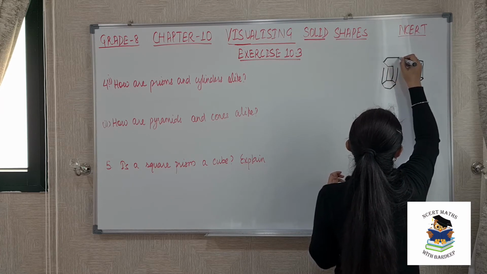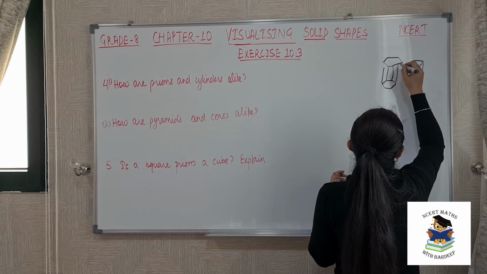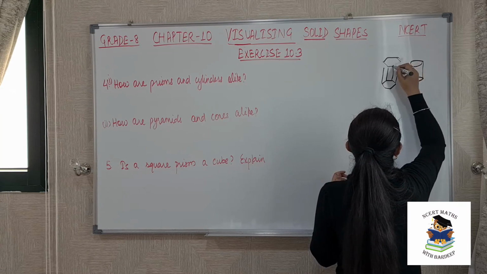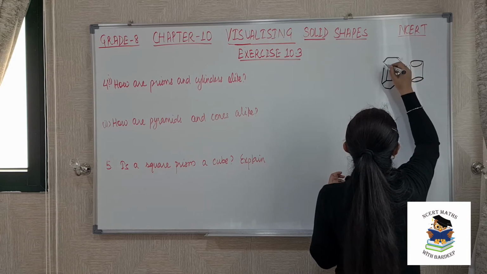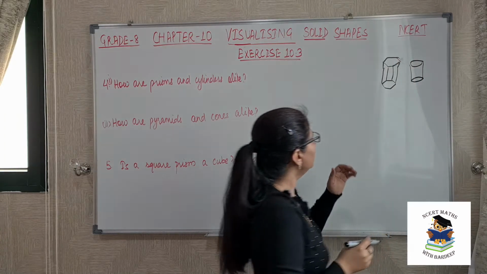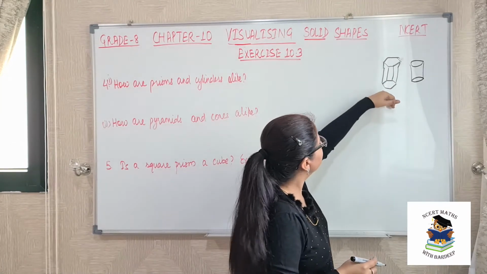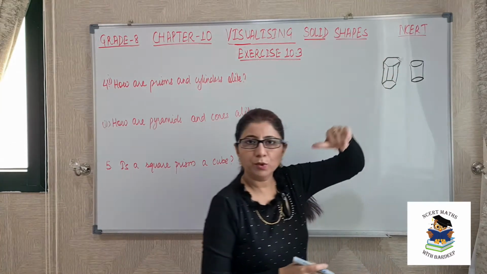Something like this. So we can see that if this is a hexagon at the bottom, the top is also a hexagon.